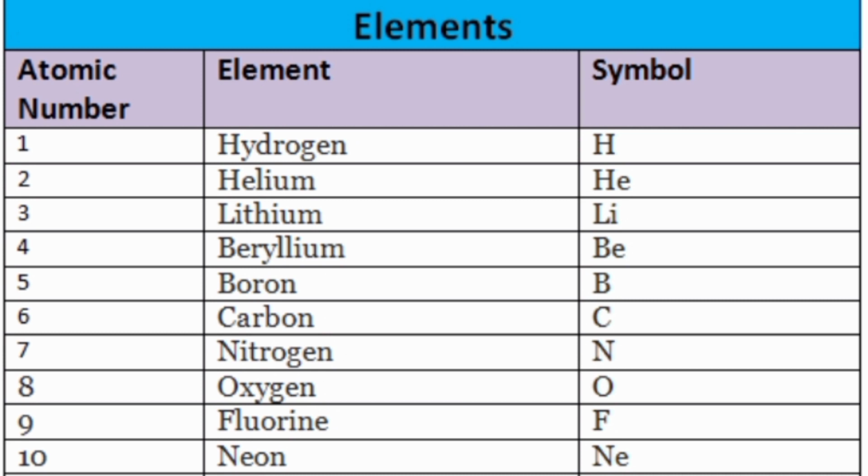Hydrogen is symbolized as H, helium as He, lithium as Li, beryllium with Be, boron with B, carbon with C, nitrogen with N, oxygen with O, fluorine with F, and neon with Ne. In addition to these elements, there are more than 92 natural elements that are found on our earth.